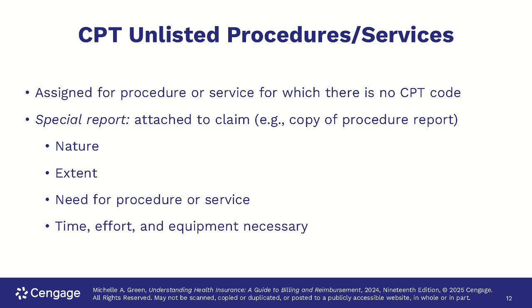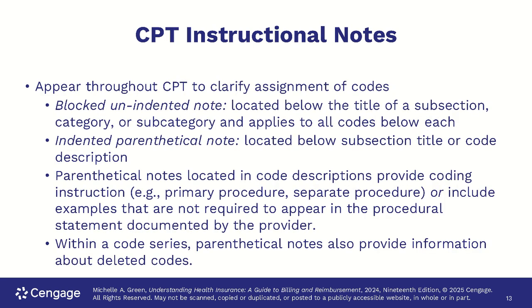And this report needs to show six things: the nature, extent, need, time, effort, and equipment to perform that particular service. And the reason that this is needed is because there is no reimbursement for an unlisted code. And so they're going to look at the report to make a determination as to what they're going to pay for that service.